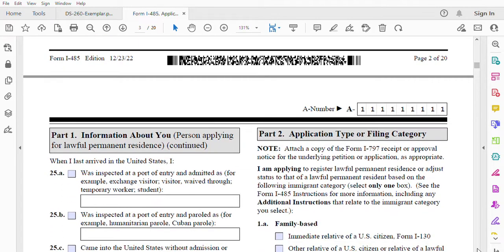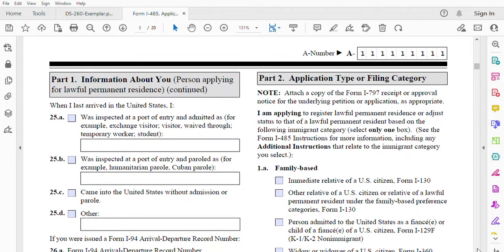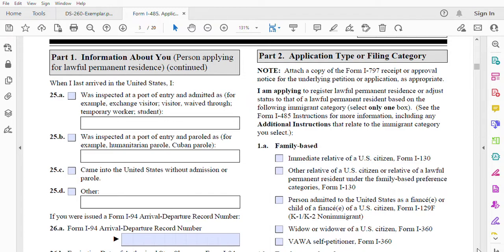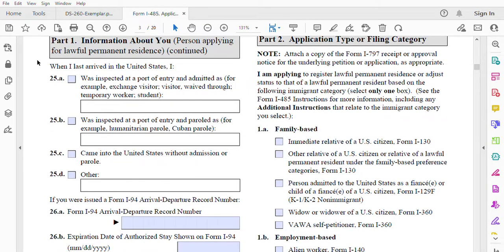We're still talking about part 1. When I last arrived in the United States, I was inspected at a port of entry and admitted as, for example, exchange visitor, waved through, temporary worker, student. In our case, it is a fiancé visa.